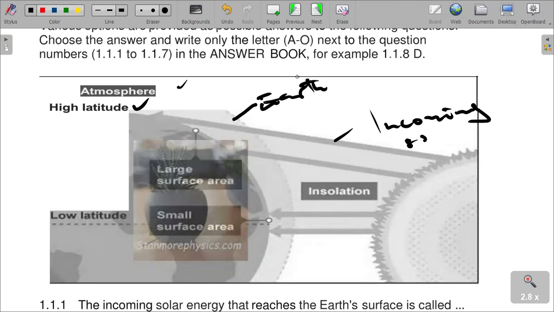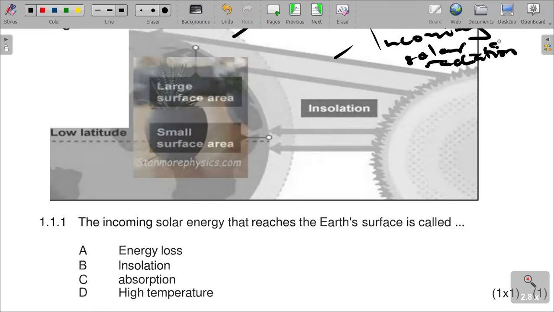So the question is about the orientation, about the incoming solar energy towards the earth. The incoming solar energy that reaches the earth's surface is called dash.